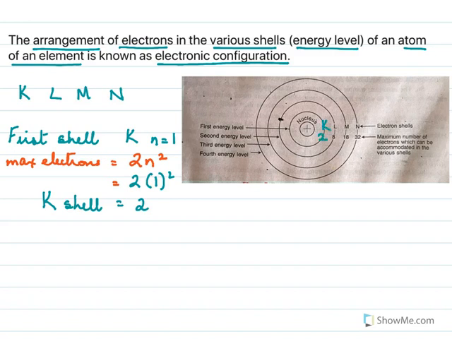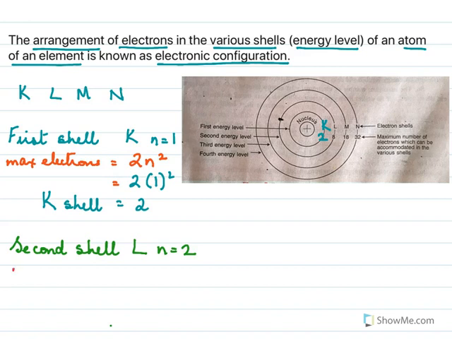Now we go to the next. The next shell is the second energy level, and we name it as L, and it is second, so n equal to 2.